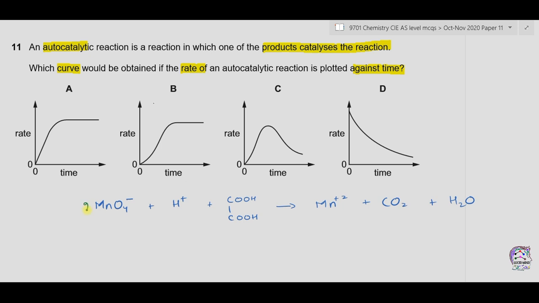The number of moles in the balanced equation are 2, 6, 5, 2, 10 and 8. Now this reaction is autocatalytic because the product Mn2+ is also acting as a catalyst.